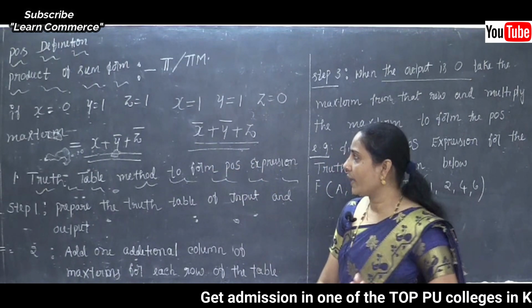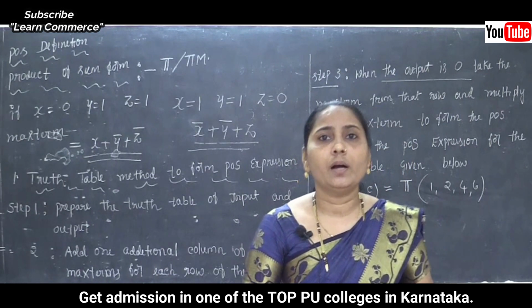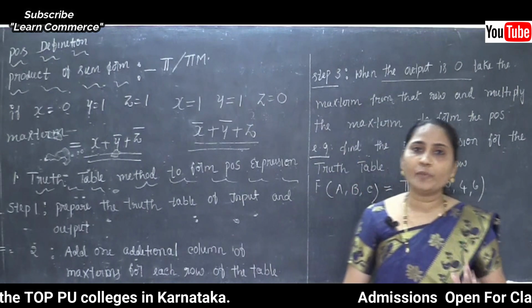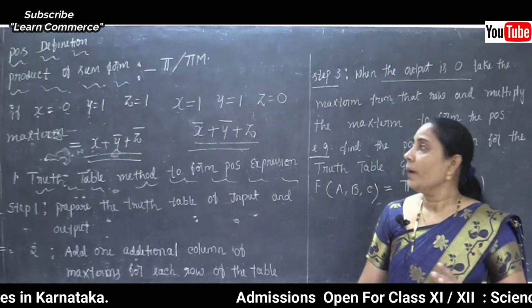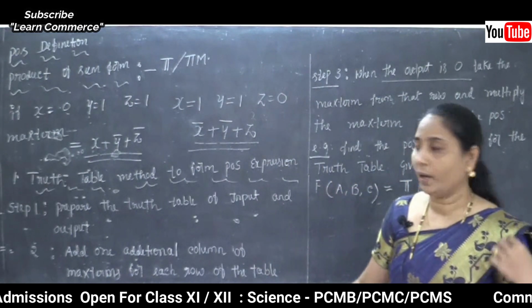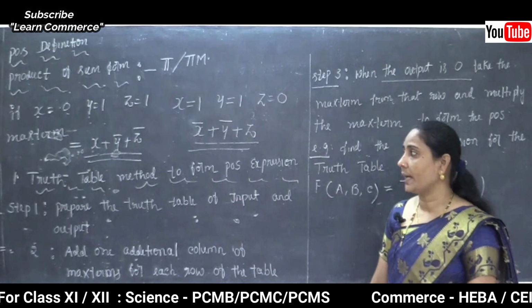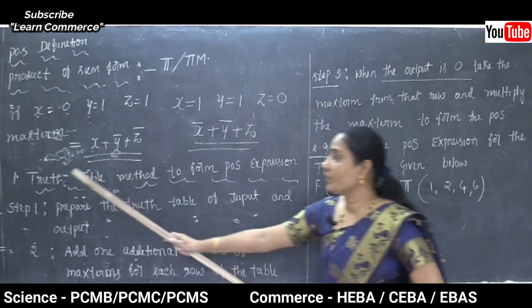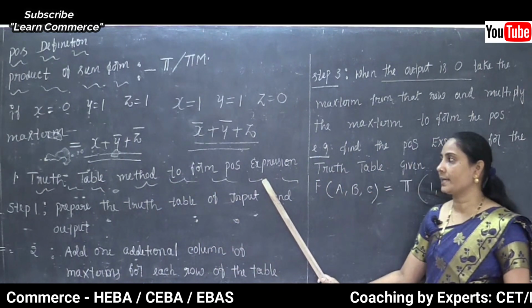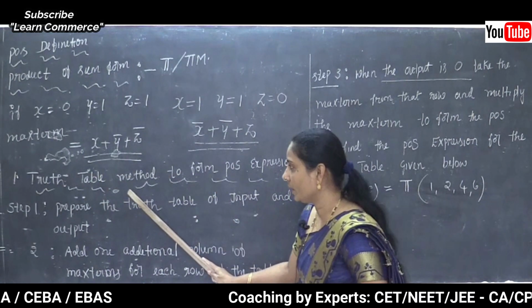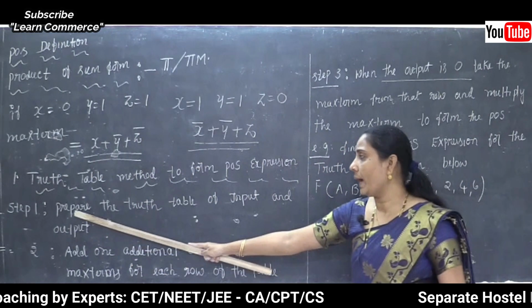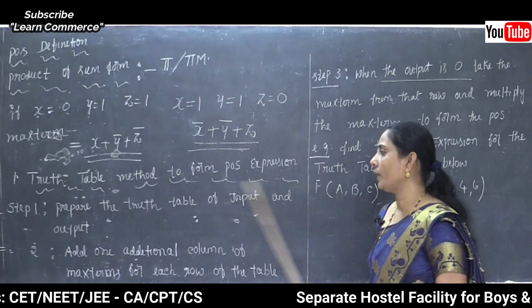Clear this one? Now we are going to solve some problems about the POS expression. Before solving problems from the product of sums form, first of all the truth table. I need to tell some steps for the truth table method to form the POS expression. Step 1, prepare the truth table of input and output.